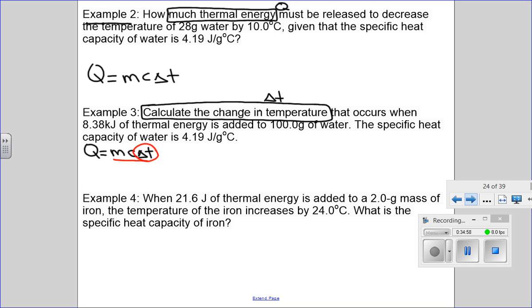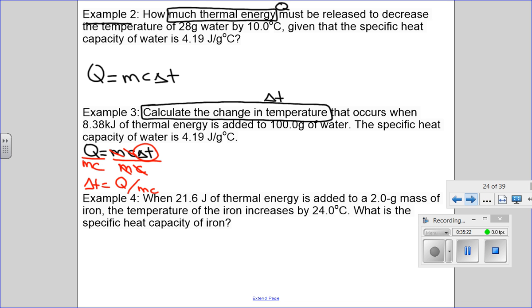That means I have to divide both sides by m and c. If I do that, they'll get canceled out on the side that they were on originally and end up underneath Q. So to calculate delta T, you'll do Q divided by m and c.